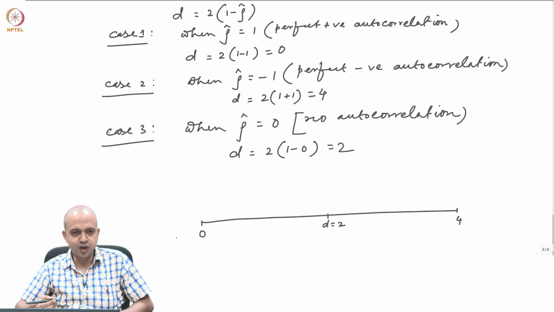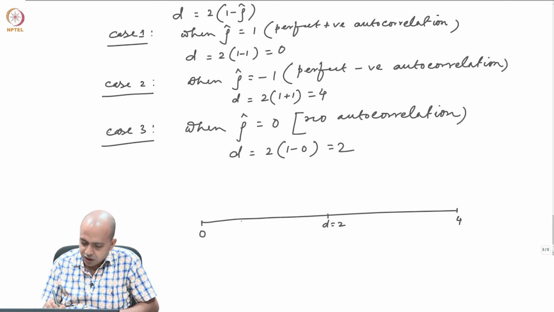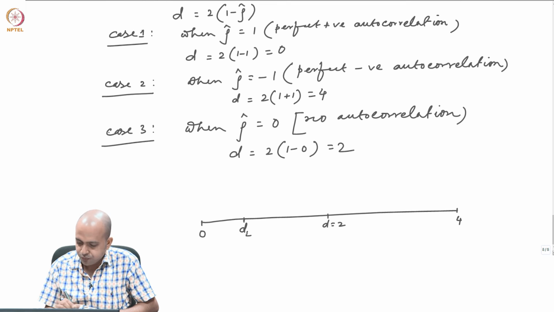So, once you estimate a model, you have to see that they have given a lower limit, let us say this is DL, the lower limit of Durbin D value, then let us say this is DU.